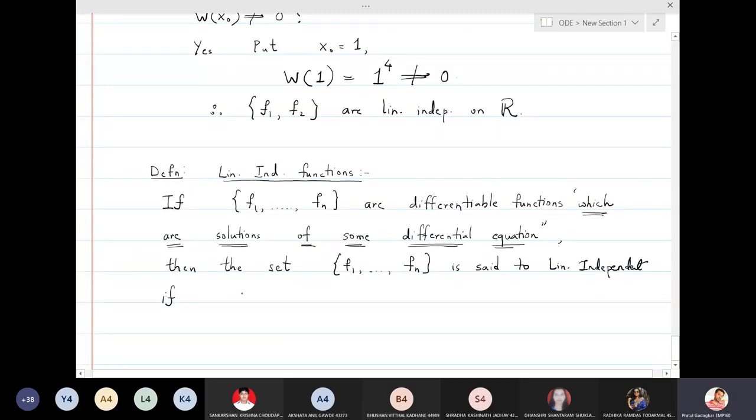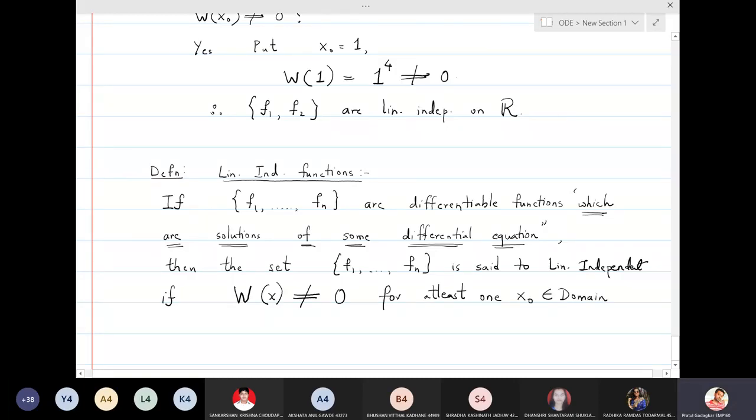the Wronskian of the functions, W(x), which we defined above, that big determinant, is not equal to 0 for at least one x naught in the domain.